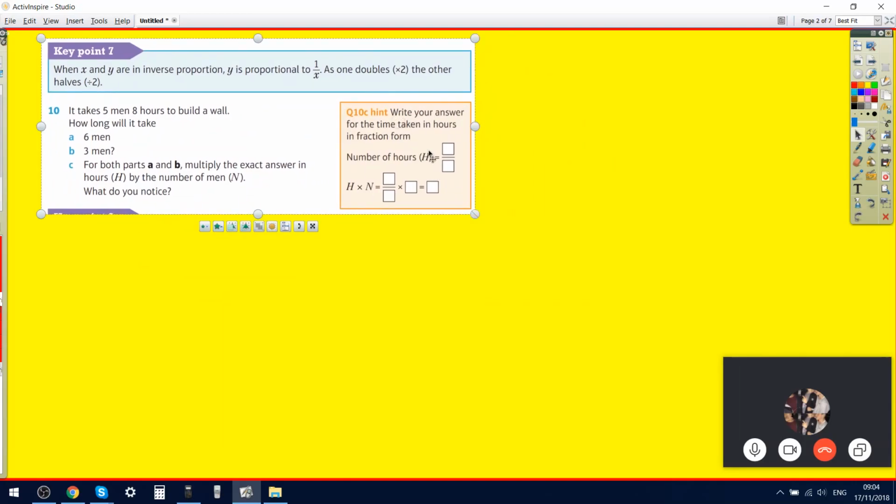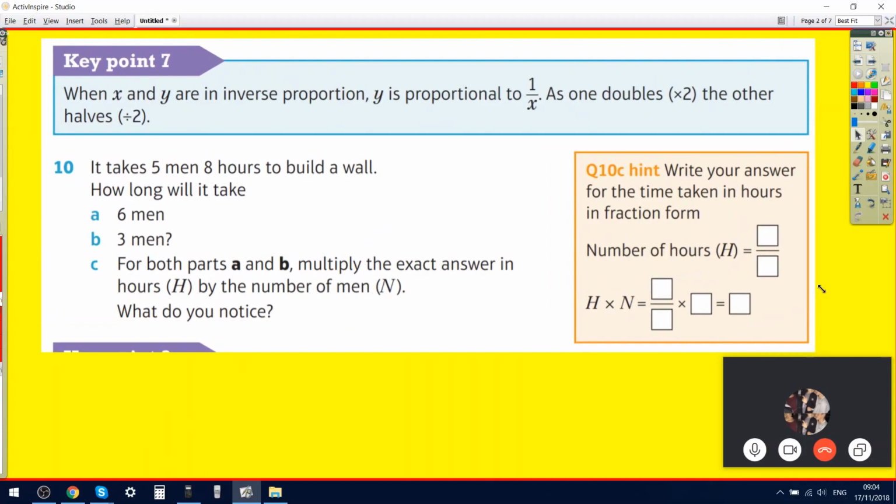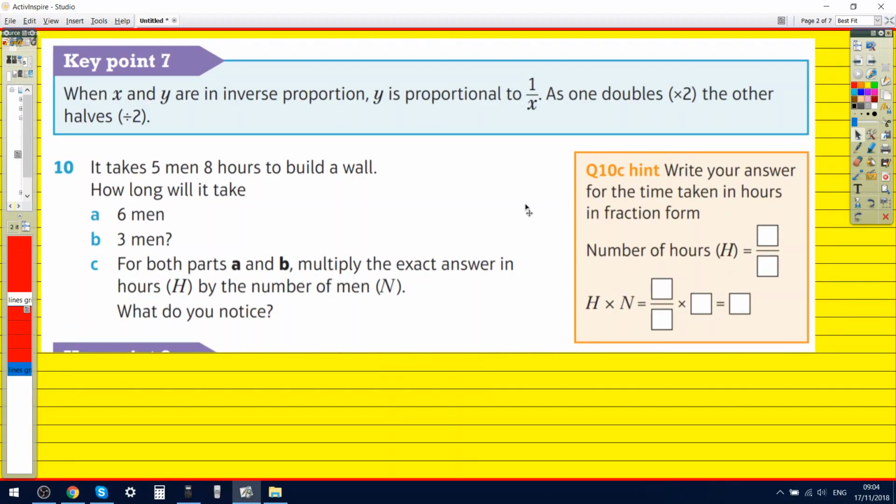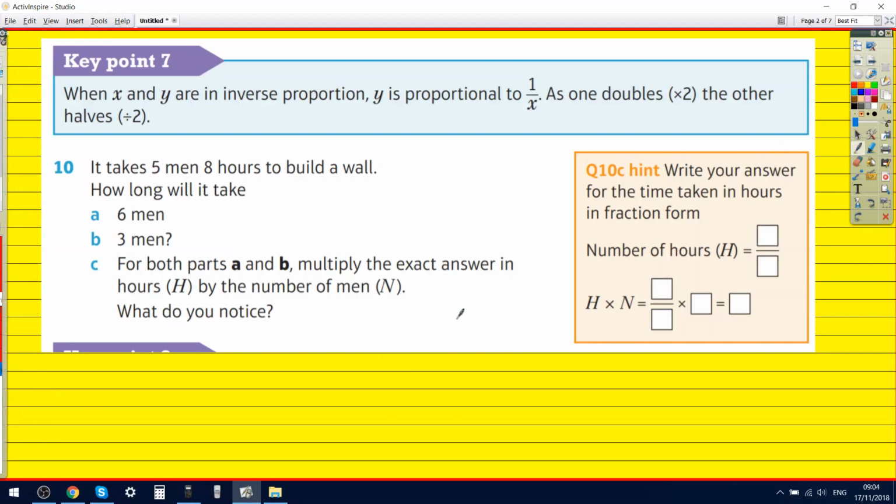Okay, let's try this one. For the first one, I think I just need to do the same. So how much would one man take?